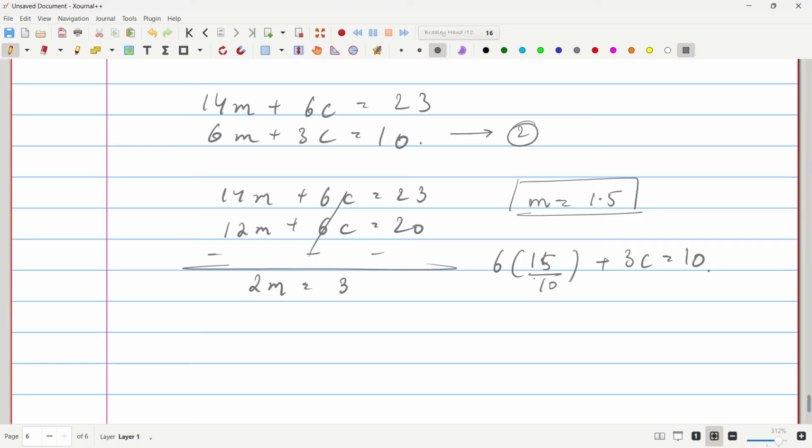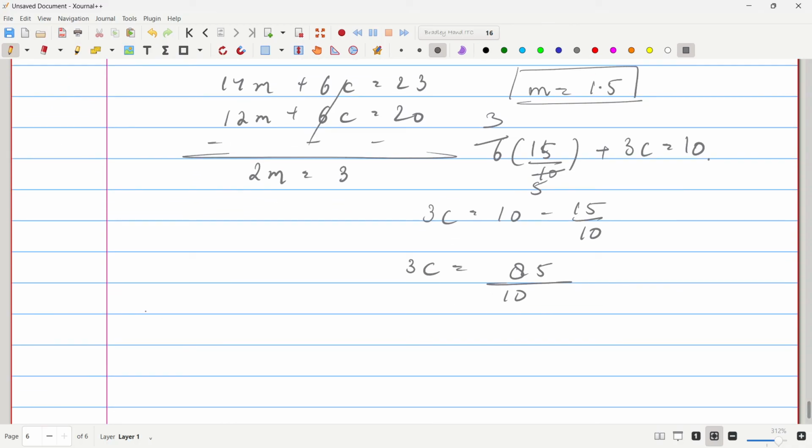Now 3c is equal to 10 minus 15 by 10, so 100 minus 15, 85 by 10. And c is 85 by 30.